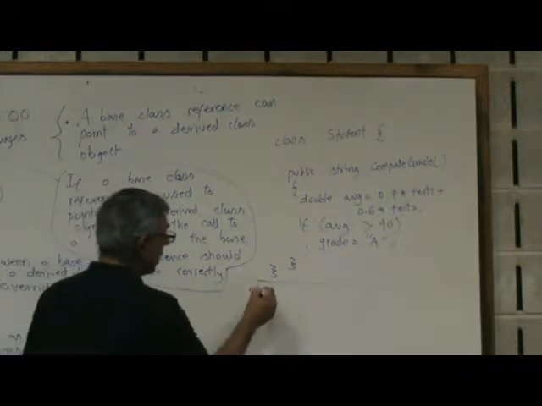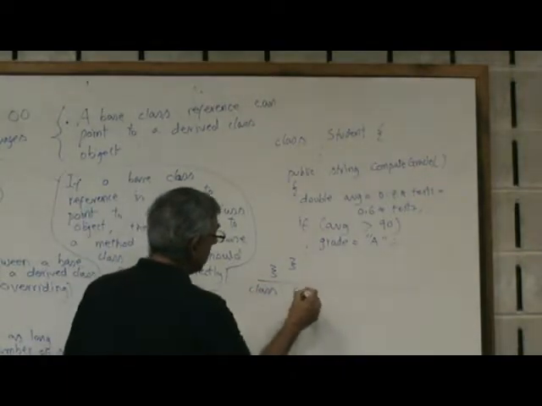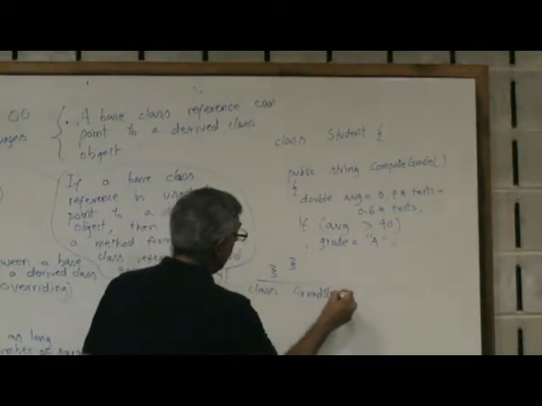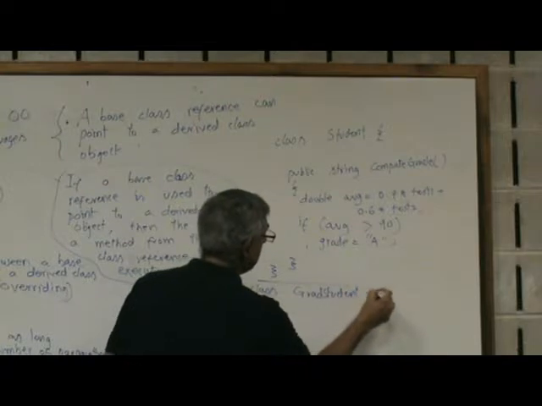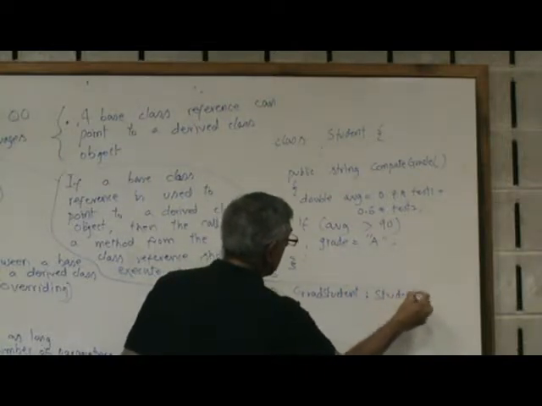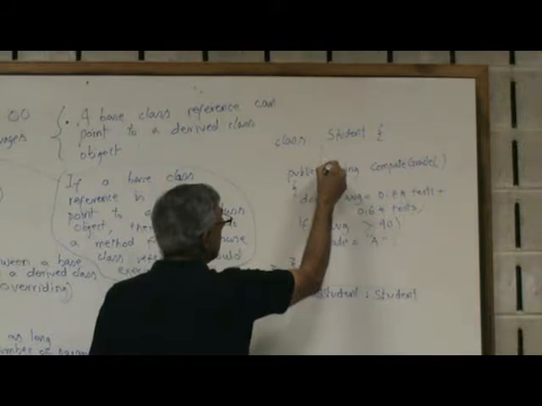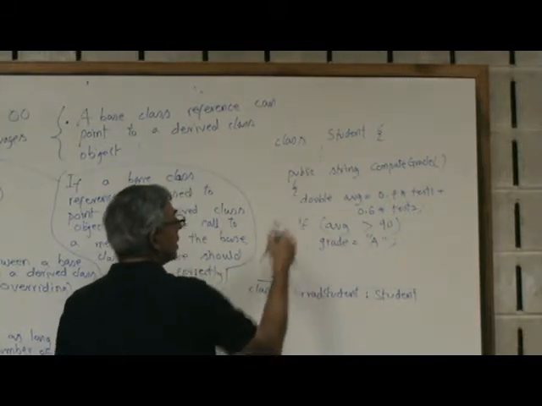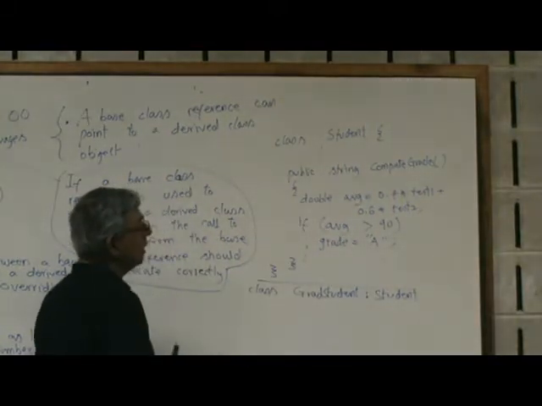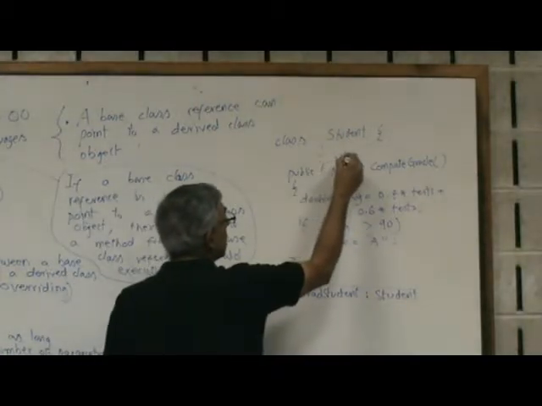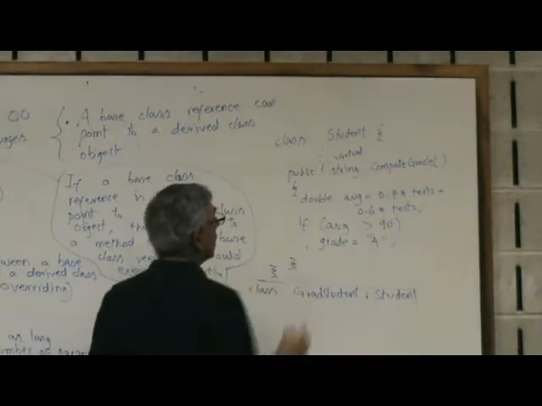Now let's create a class called GradStudent, which inherits from Student. Also, if we wanted to override this, how should we mark this over here? Virtual, because there's real code in it, correct?